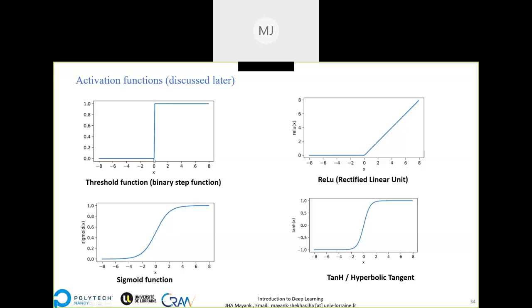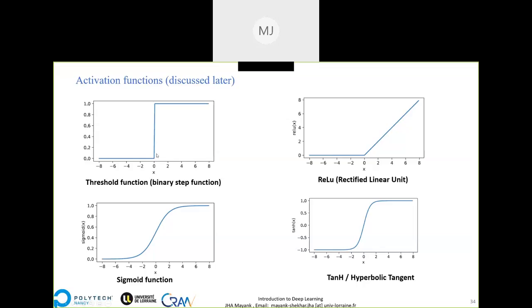Class 1 is that which is less than 0, and class 2, the other class, would be the data that is more than 0. So the threshold function can be used for 2-class classification, but here we can see that there is a very abrupt classification.